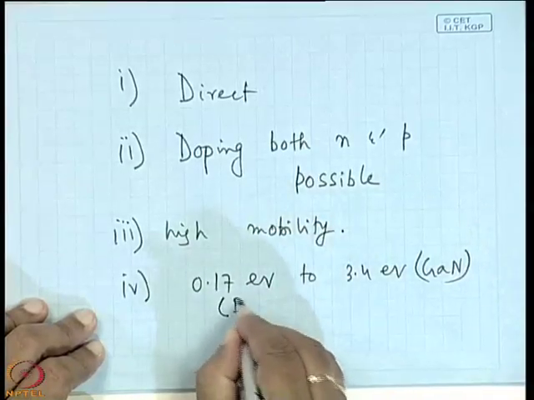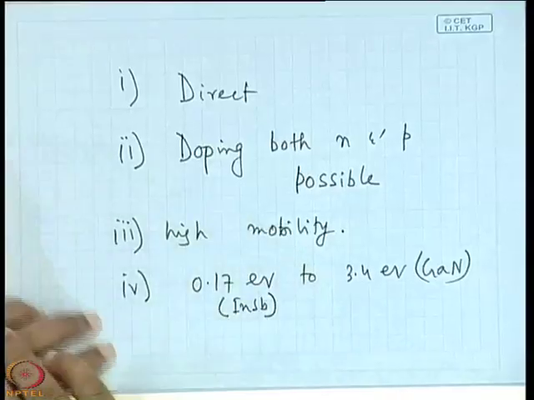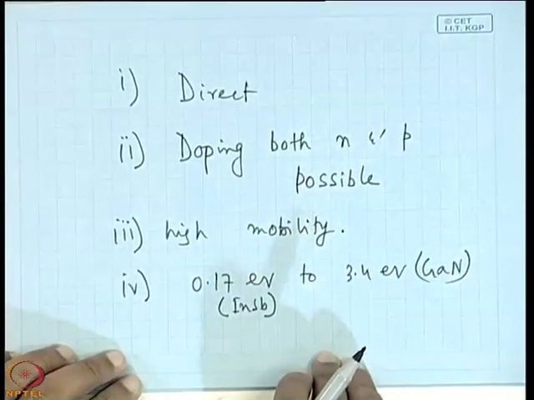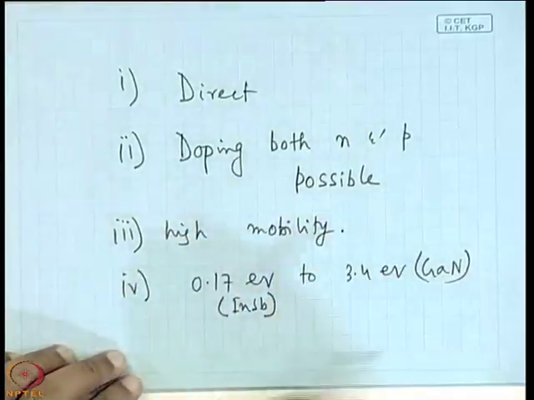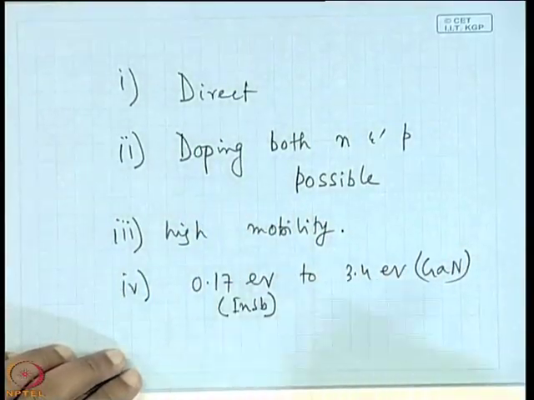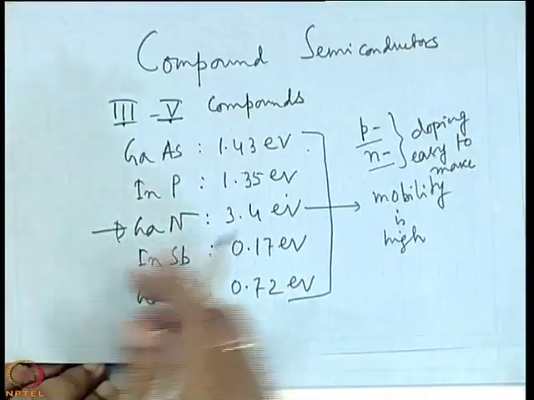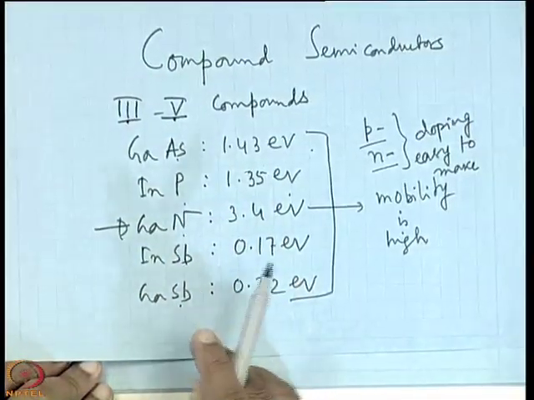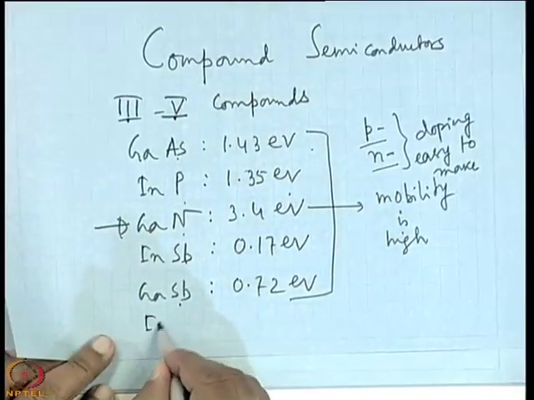A long range it can cover. So these are the advantages of 3-5 compound semiconductors, and some of the names are gallium arsenide, indium phosphide, gallium nitride, indium antimonide, gallium antimonide, indium arsenide, etc.